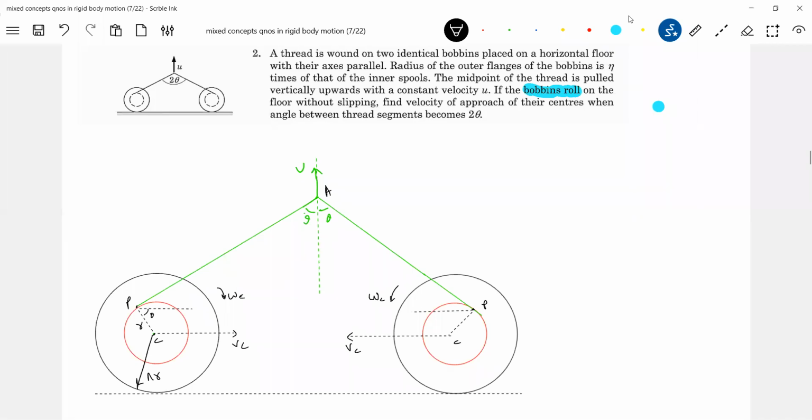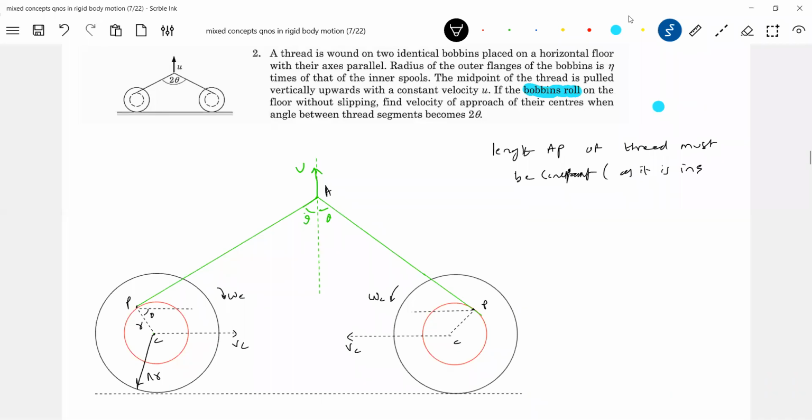Get into the problem. There's a string, no? So the length AP of the thread must remain constant, as it is inextensible.